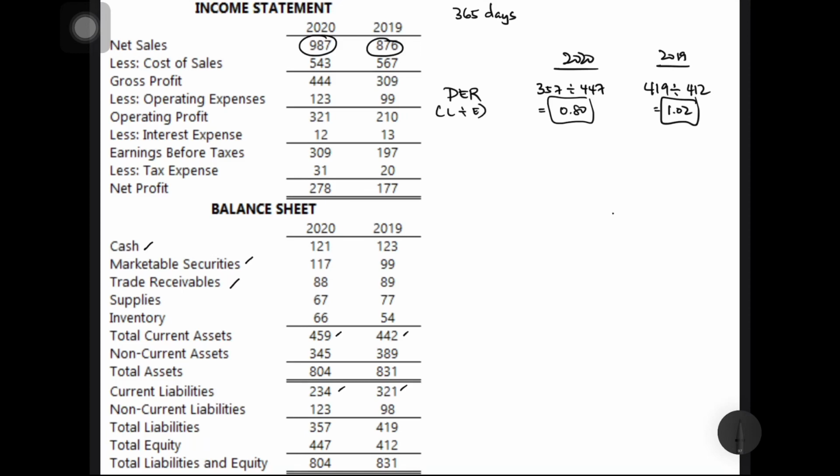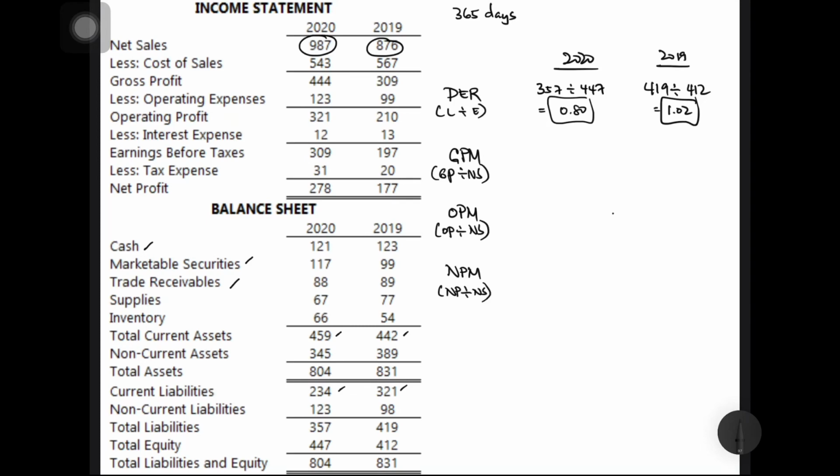How about if you are tasked to compute the gross profit margin, operating profit margin, and then the net profit margin? Gross profit margin is gross profit divided by net sales, operating profit margin is operating profit divided by net sales, and net profit margin is net profit divided by net sales.